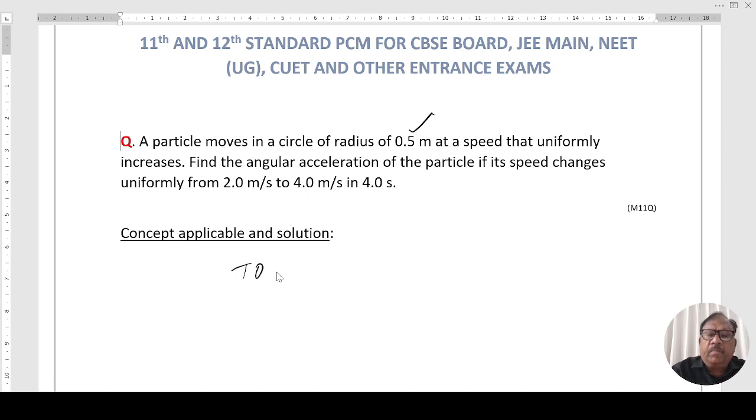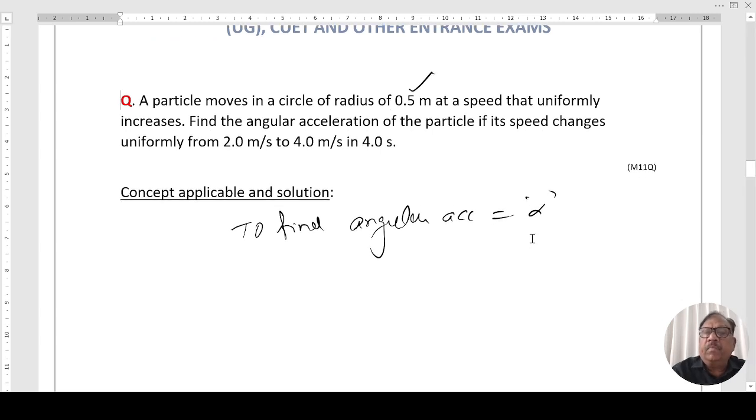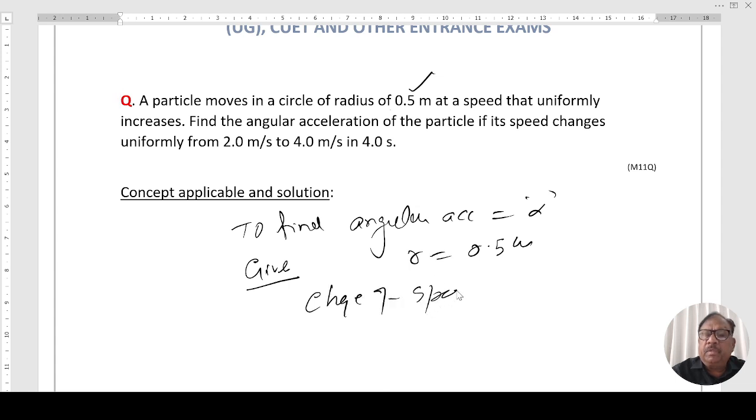To find angular acceleration alpha. Given r equal to 0.5 meter, the speed changes from 2 meter per second to 4.0 meter per second in 4 seconds.